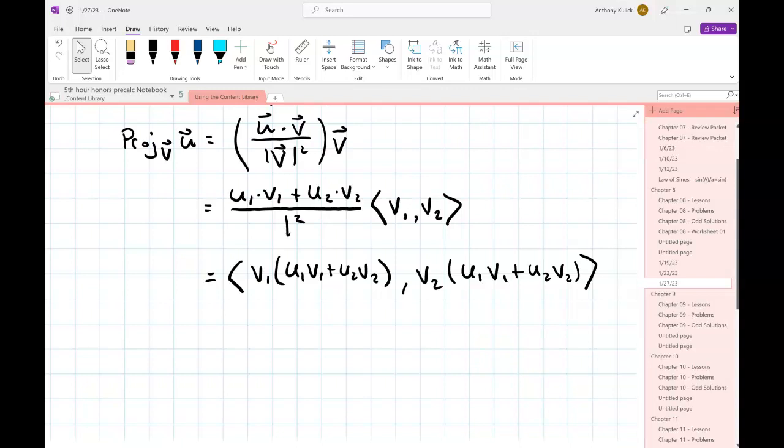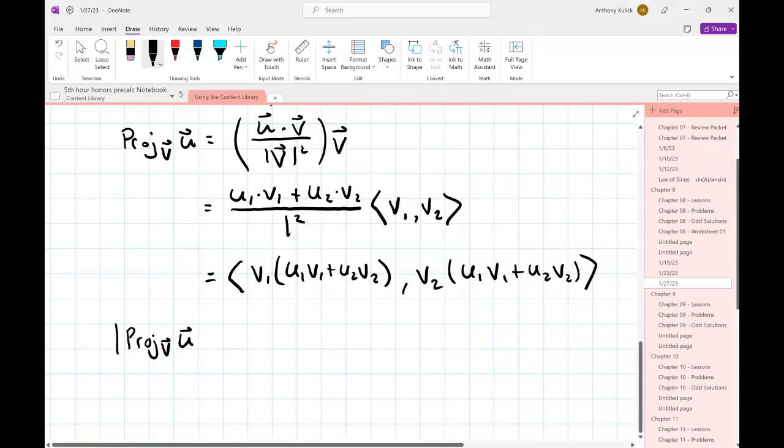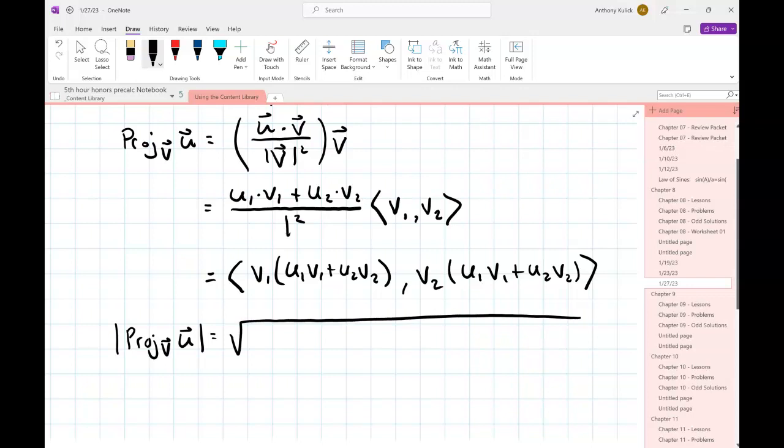So far, so good. All right. So then if I want the magnitude of that projection, I'm going to do the square root of the first component squared plus the second component squared.